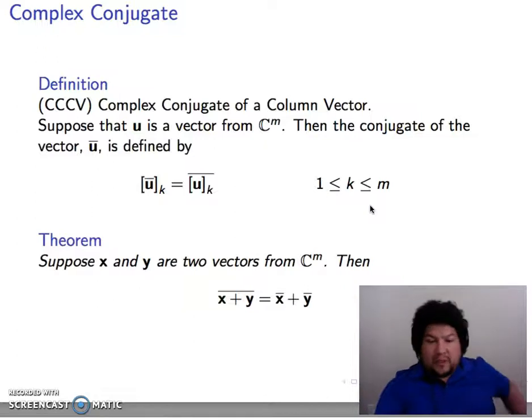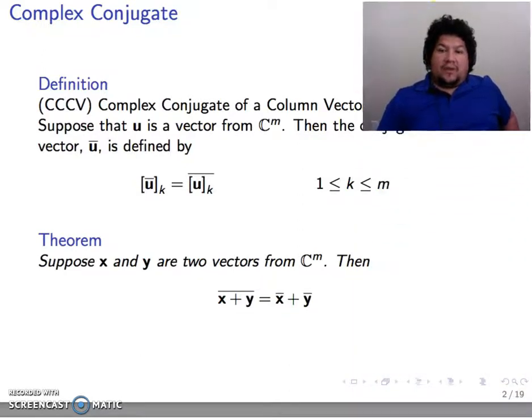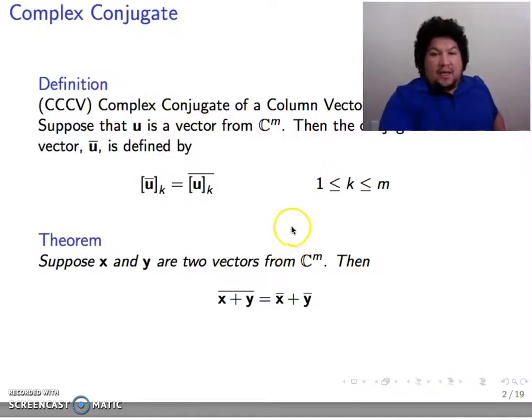Now, as an implication of the properties of conjugates of complex numbers, when you take the conjugate of a sum at the level of scalars, that becomes the sum of conjugates. If you're considering vectors, that property is preserved.